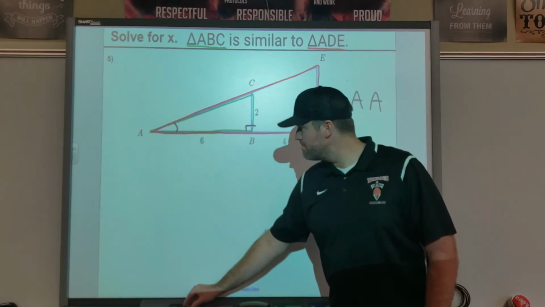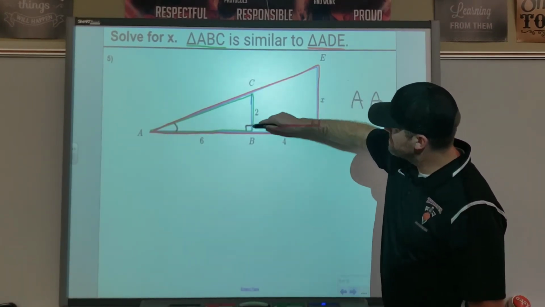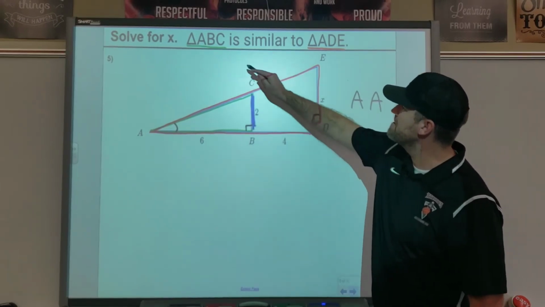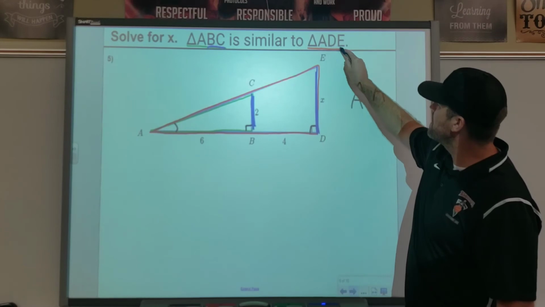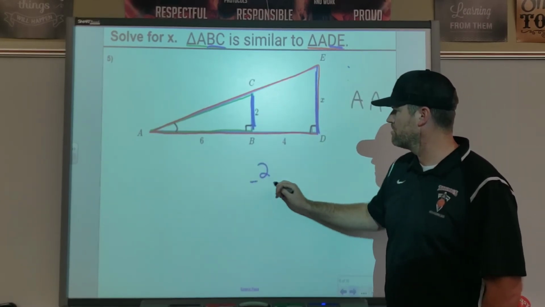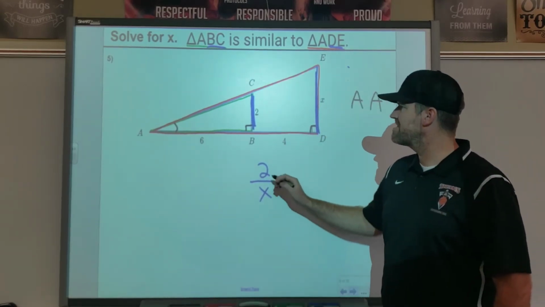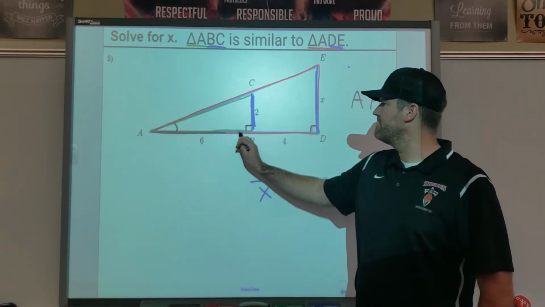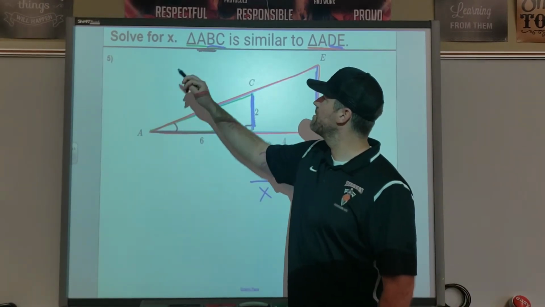But when I go to set up my fraction, I notice that 2, side BC, goes with this side right here, side DE. So I know that 2 and x are corresponding parts. And then I also know that 6 is the base of this triangle, or AB, the first 2 letters.